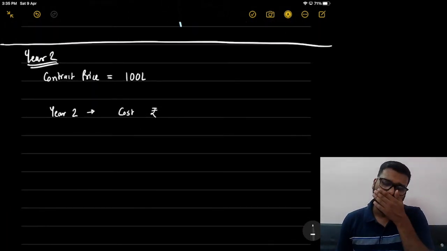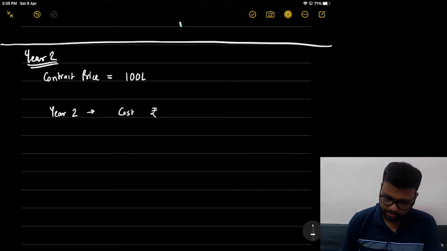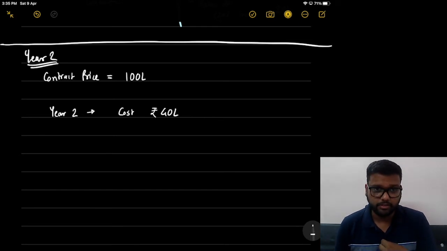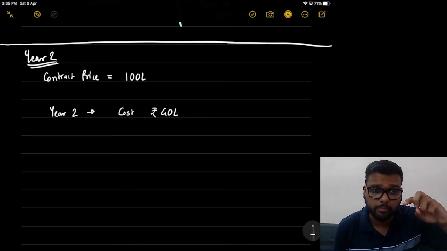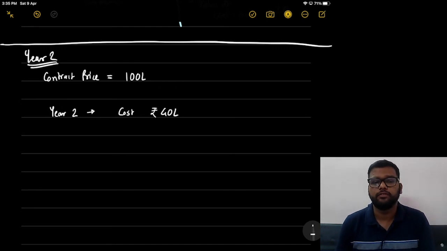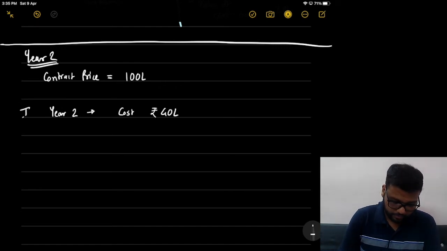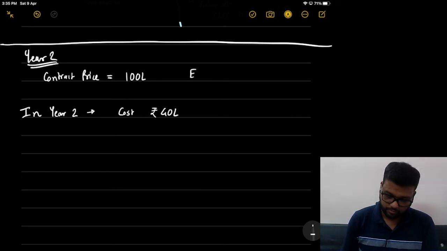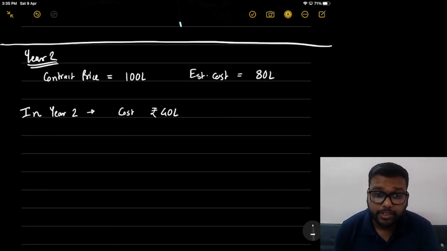Let's say we incur 40 lakhs cost this year. Can you tell me, according to us, how much work is completed till now? 70%? Why?